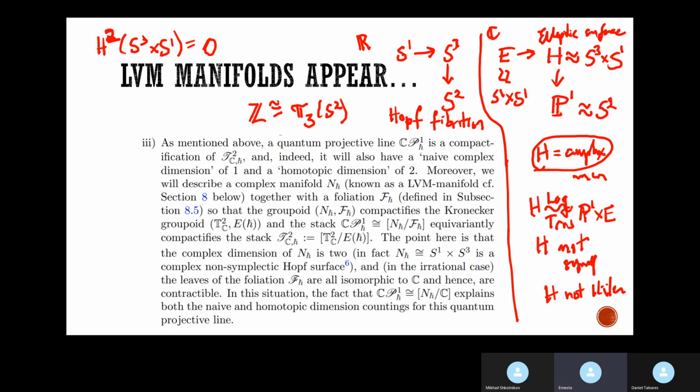Kodaira's log transform of P1 cross E gives you H. This is H, and H is what I call here NH. NH is simply H.